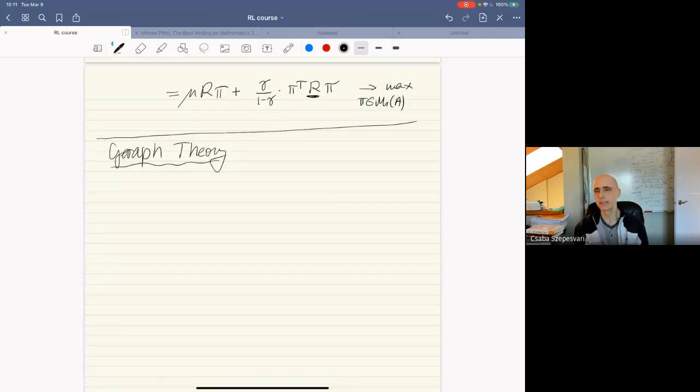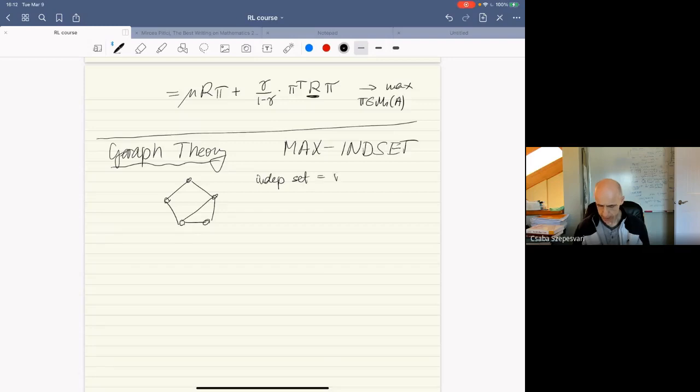So in graph theory, you have all these extreme problems of like, what is the cardinality of the maximum independent set? Right, so you have a simple graph which has these vertices, and there are no loops, no self loops, and it's undirected, and an independent set here is this neighbor-free set.